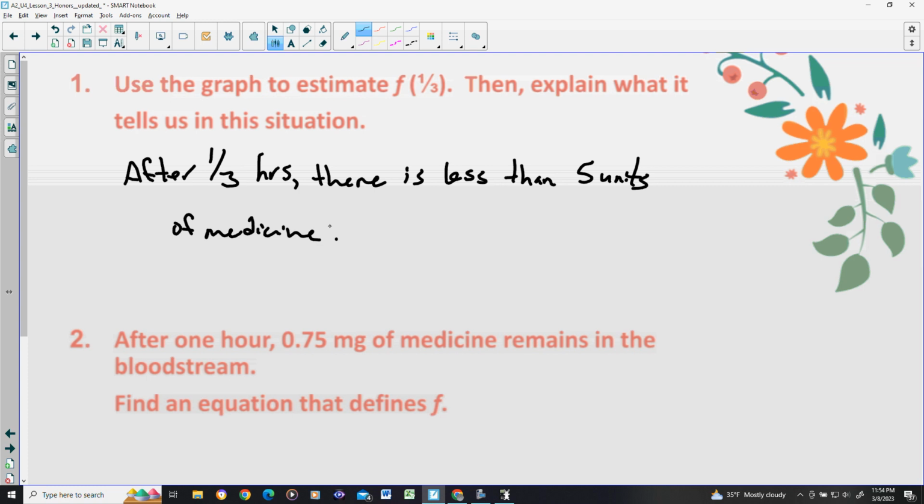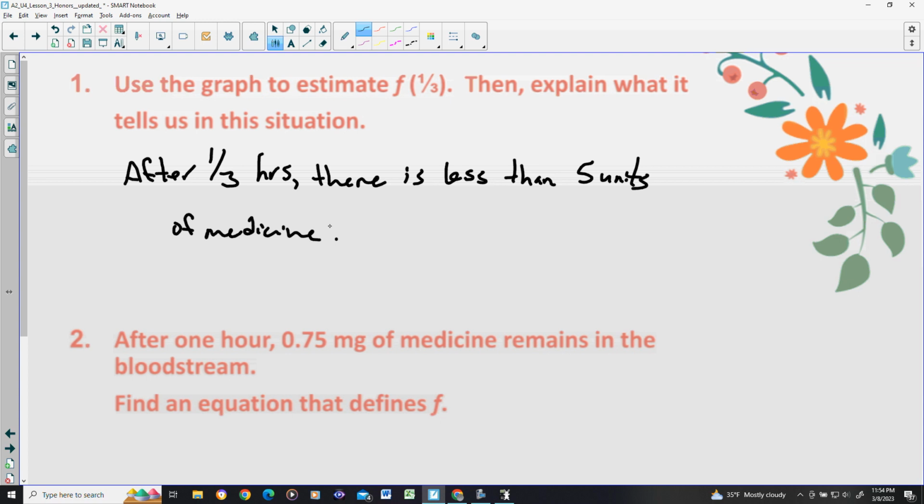So now, can we find that as an equation? Okay. Well, this is a pretty steep drop. If we go from 12 to 0.75, okay. So all we have to do is remember, how do you find a growth factor?